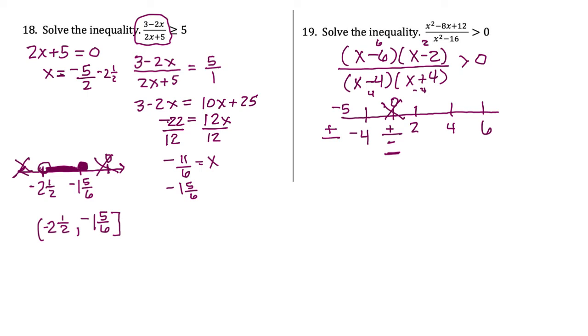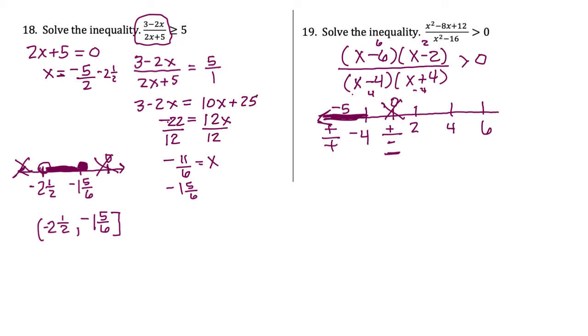All right, so negative 5: negative, negative, positive, negative. Oh, negative and negative is a positive. Duh. Good grief. So that is a positive, so that interval does work, which is what it's supposed to do.